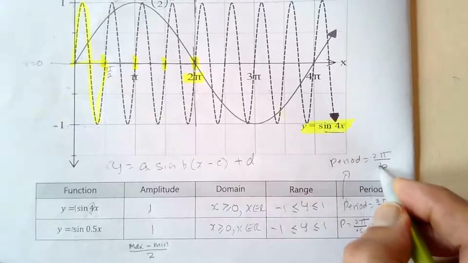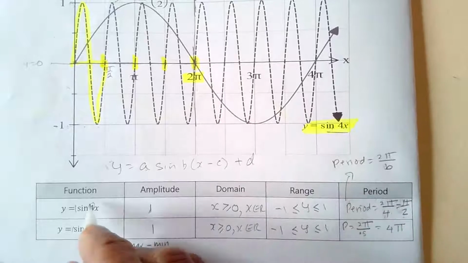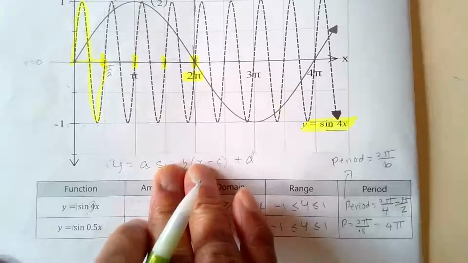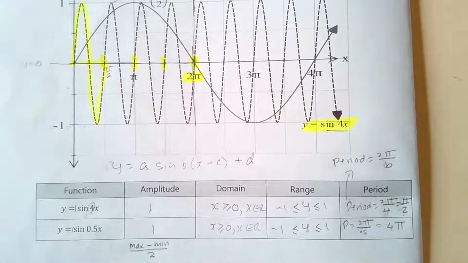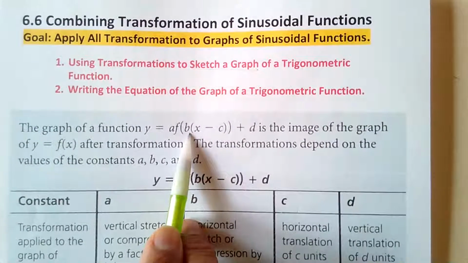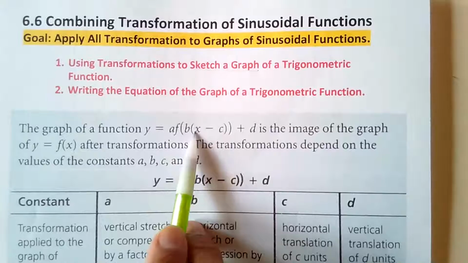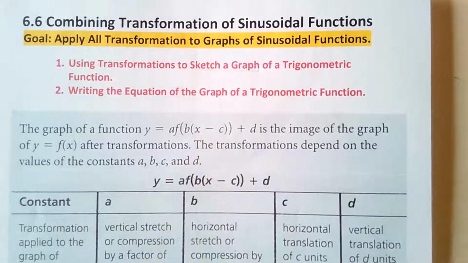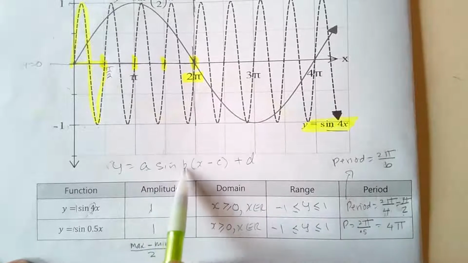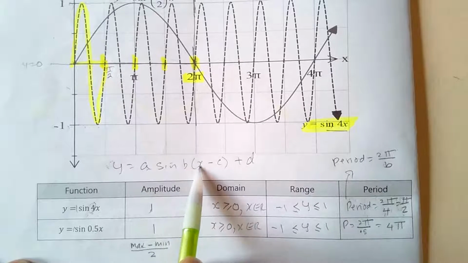The period, as mentioned, is 2 pi over b. So your b is a value. If you go back to your initial equation, it's your b before. We'll look at this equation later on to deconstruct it. Your b is after your sine.